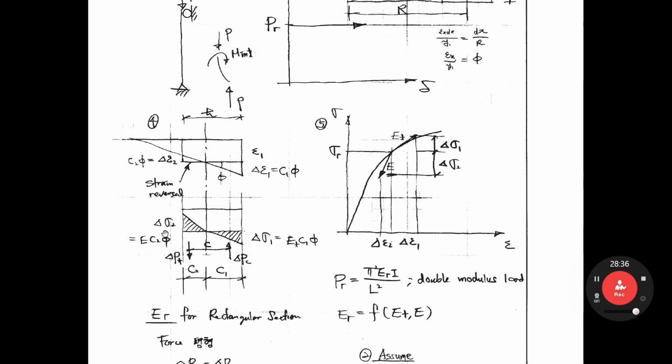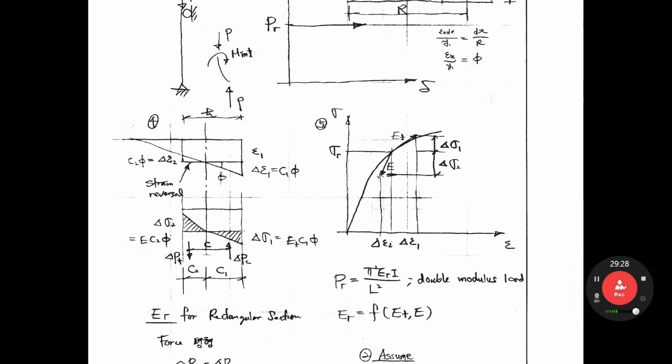So like that. How about delta sigma 2? The strain is reduced, delta epsilon 2. So how to calculate the equivalent delta sigma 2? Then delta epsilon 2 times E. When the strain reverses, the slope is equal to the original Young modulus, the elastic modulus.